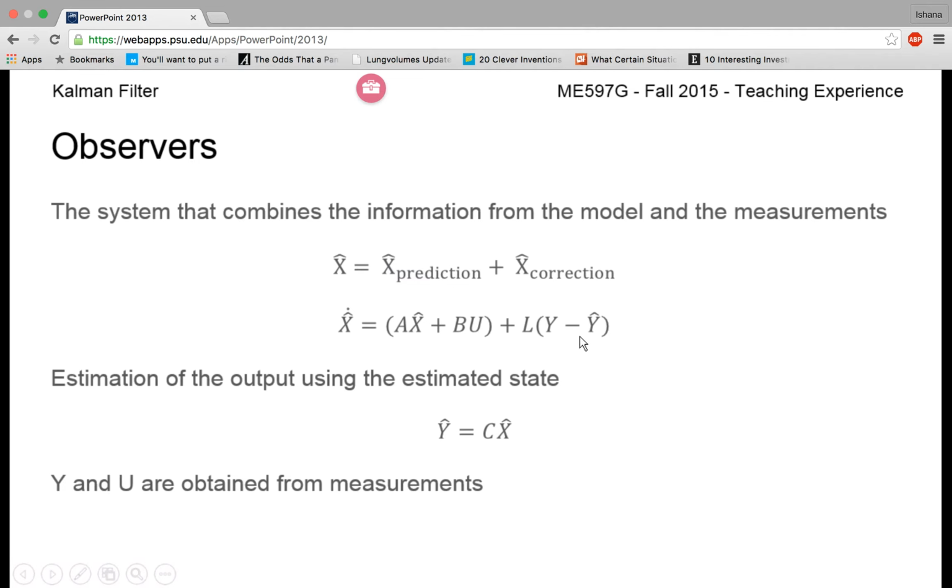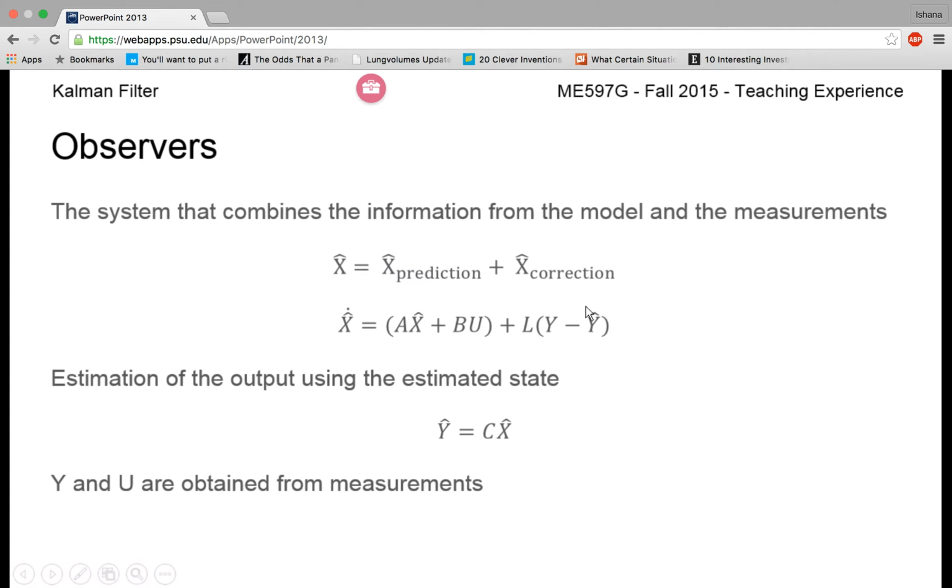So basically, we take the difference between the actual output and the estimated output. And then we multiply it by a gain factor to get a term that we can add to our predicted values to make it more consistent with what we're observing.